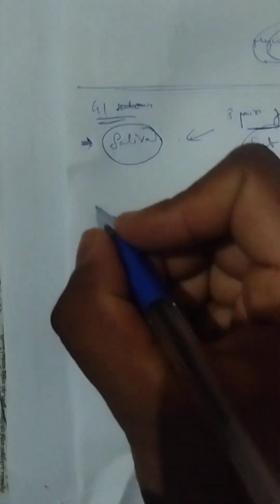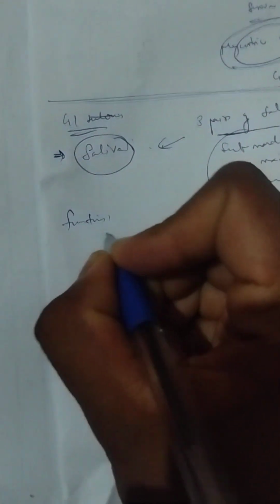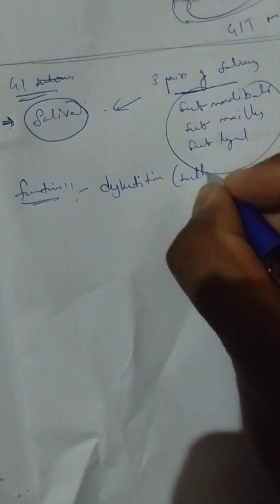Next, what are the functions of saliva? First, it helps in deglutition. Deglutition means swallowing of food.